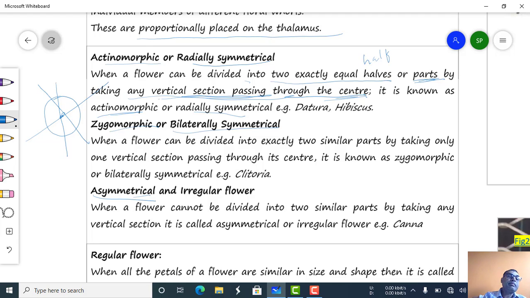You can take multiple sections, and these sections divide the flower into two equal halves. So this symmetry is called actinomorphic symmetry or radial symmetry, and such flowers are generally considered regular flowers.